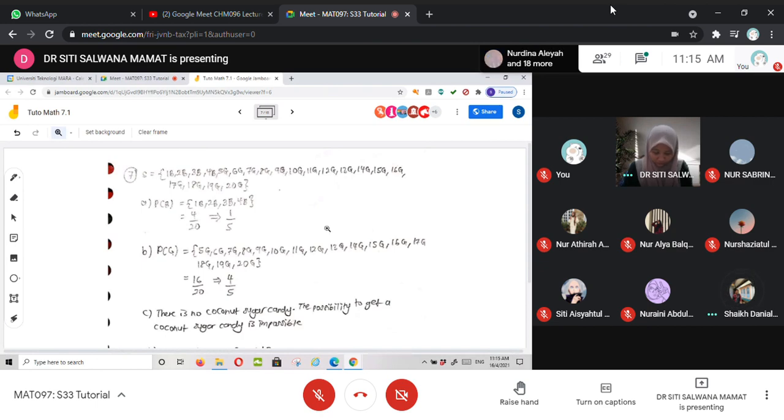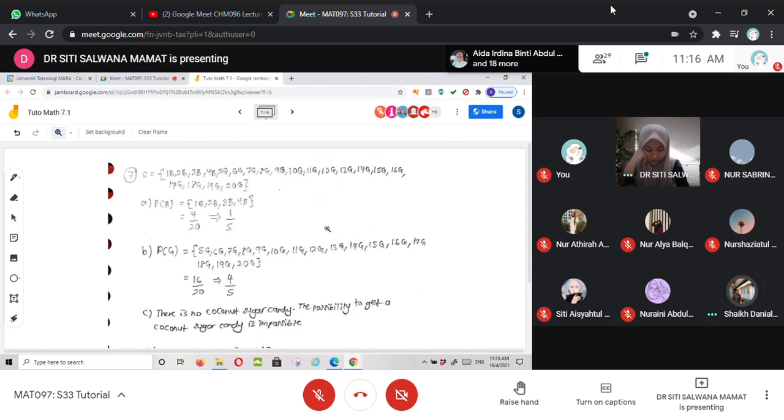Okay, so dekat sini dia kata 20 candies are number 1 to 20 and placed in a box. Candies number 1 to 4 are brown sugar candies while candies number 5 to 20 are green tea candies. So dekat A, kita buatlah set tu, dalam tu kita buatlah 1B sampai 4B, lepas tu 5G, 6G, 7G sampai 20G untuk dalam set.